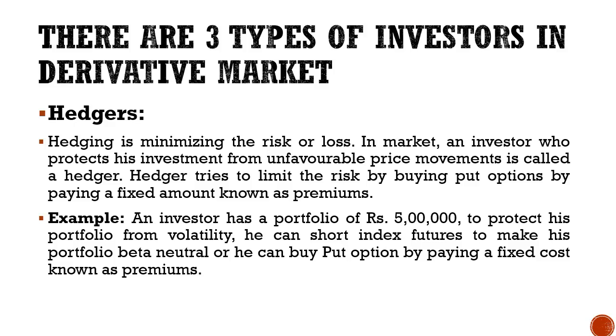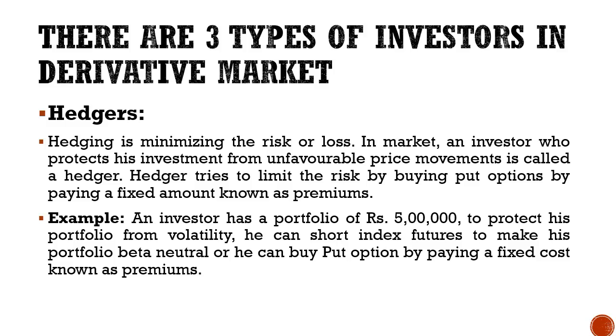For example, an investor has a portfolio of 5 lakh rupees. Now, to protect his portfolio from volatility, he can short index futures to make his portfolio beta neutral, or he can buy a put option by paying a fixed cost known as premium.